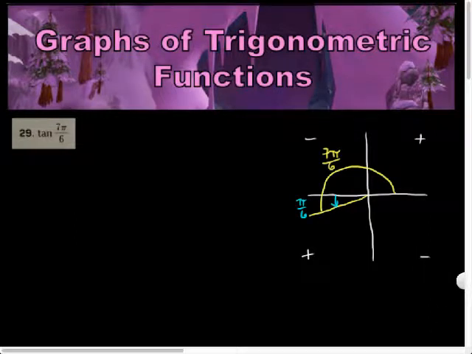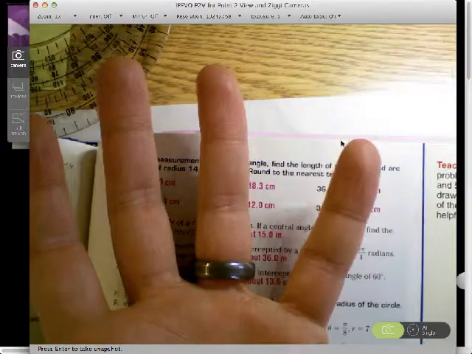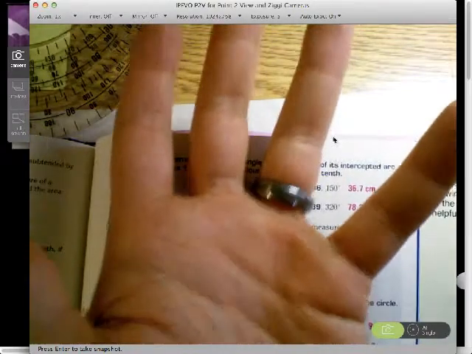So what that tells me is that tan of 7 pi over 6 is the same as the positive tan of plain old pi over 6. And tan of pi over 6, I can actually do my hand trick for. Let's see if I can figure this out here.